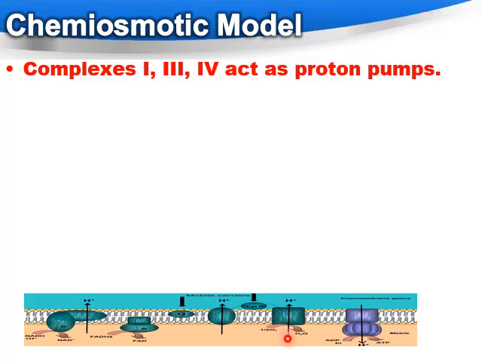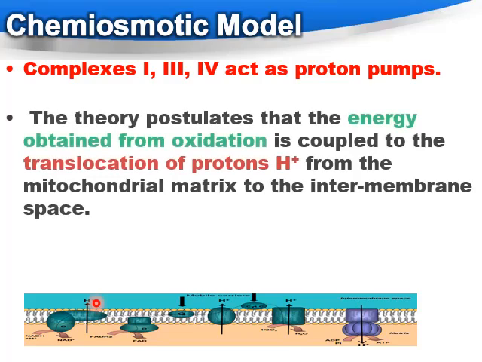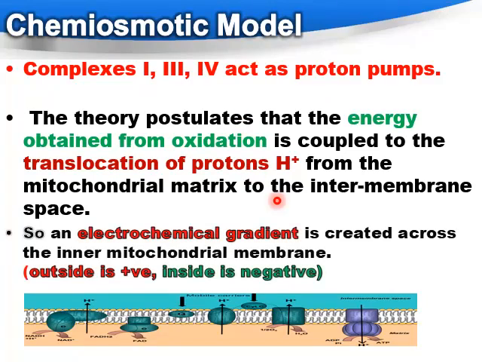This energy is utilized to pump protons into the intermembrane space. This theory postulated that the energy obtained from these oxidations, from hydrogen or electrons, results in pumping protons across the inner mitochondrial membrane.